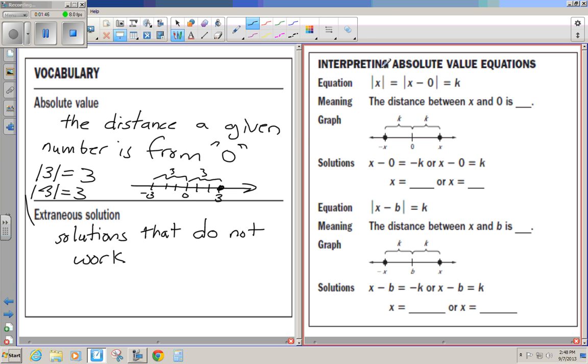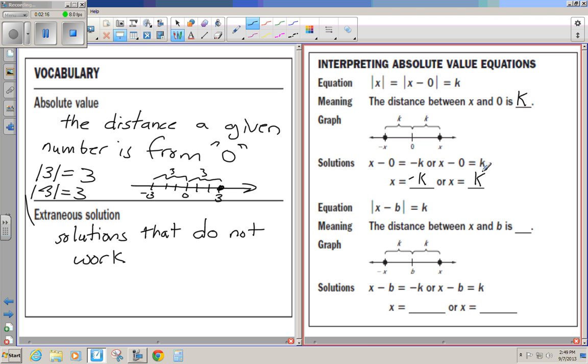So, interpreting absolute value equations, meaning the distance between x and 0 is k. That means if x is a positive x, it's k. If it's negative x, it's still k. So, solutions. x minus 0 equals negative k, or x minus 0 equals k. So x is either negative k or k.